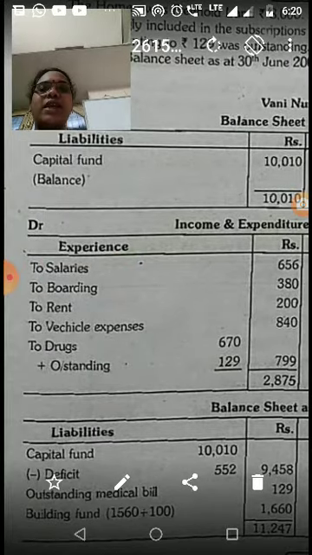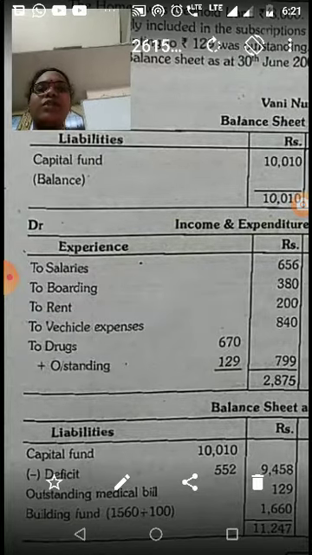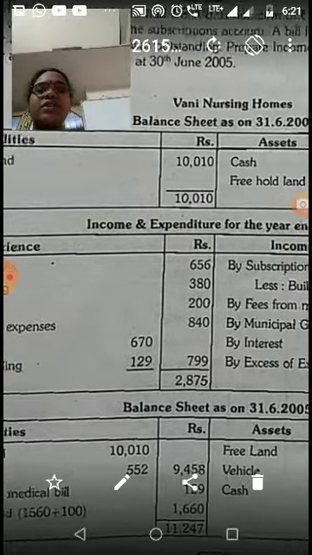Next, outstanding medical bill, that is 129. Building fund 1560, plus here we have to add the 100 rupees. We reduced the 100 rupees from subscriptions, and we are adding this 100 rupees to the building fund. 1560 plus 100, that is 1660.